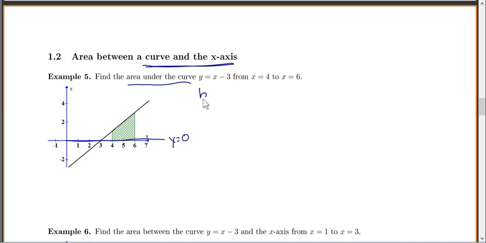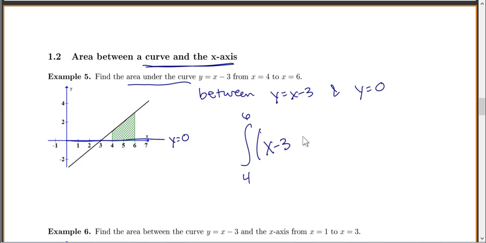So this is really between y equals x minus 3 and y equals 0. So when we integrate, we would integrate from 4 to 6, and we would do x minus 3 minus 0 dx, where this is one function, this is the other function. Now notice what's going to happen when you subtract 0.